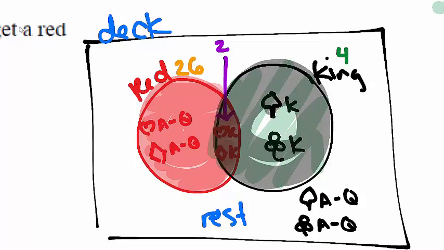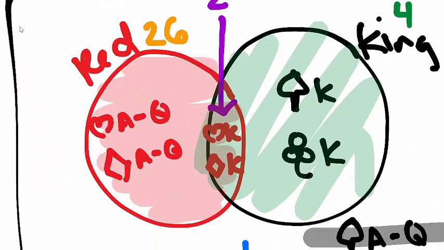You guys good with that? The rest of the cards, the aces through queens that are black, live out here. And notice that 2 of my red cards are in both, because those are my red kings. You guys good with that?